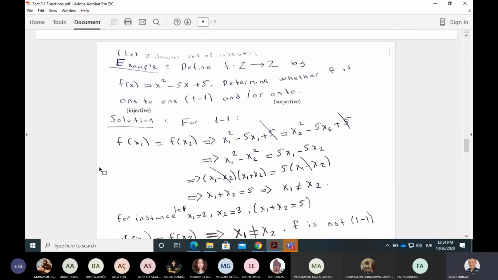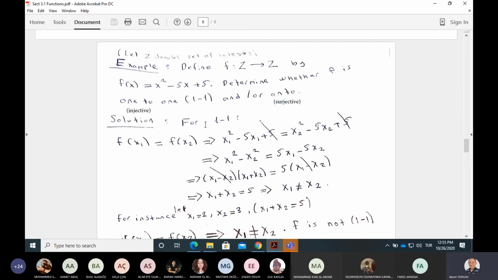Look at this example. Define f from Z to Z by f of x equals x squared minus 5x plus 5. Determine whether f is 1 to 1 and/or onto.